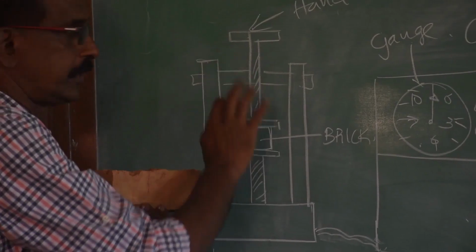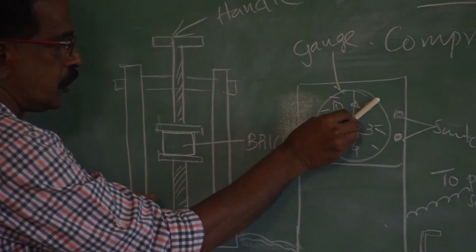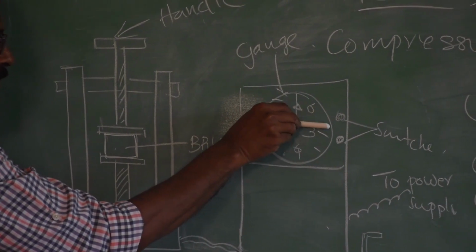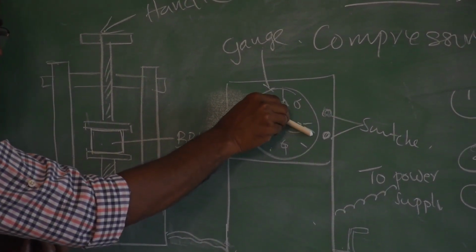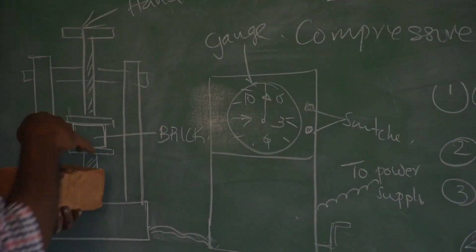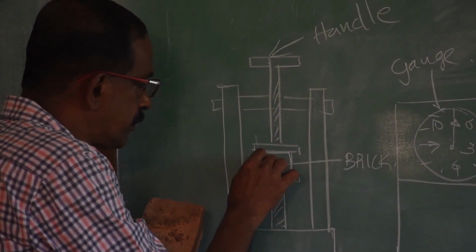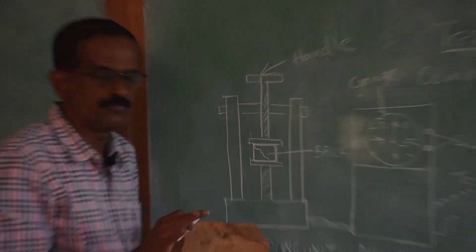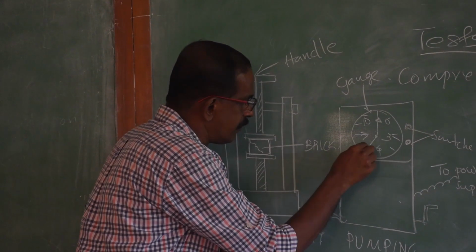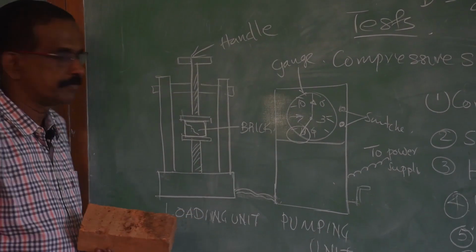So when you start this pumping unit, the arm also starts moving. And as you go on increasing the loading, the brick is under compression from top as well as from the bottom. Failure may occur. Brick may fail. At that time, the needle will stop.